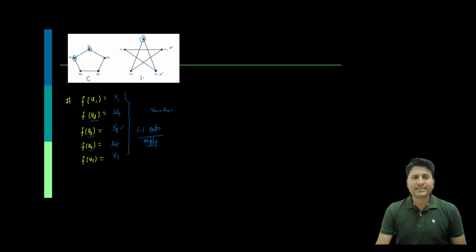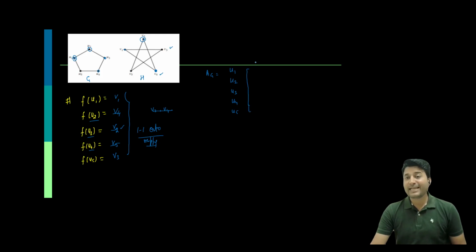Let this graph be G, this graph be H. So adjacency matrix for the graph G lists the vertices U1, U2, U3, U4, U5. On this side, the same vertices in the same order, okay? U1, U2, U3, U4, U5.